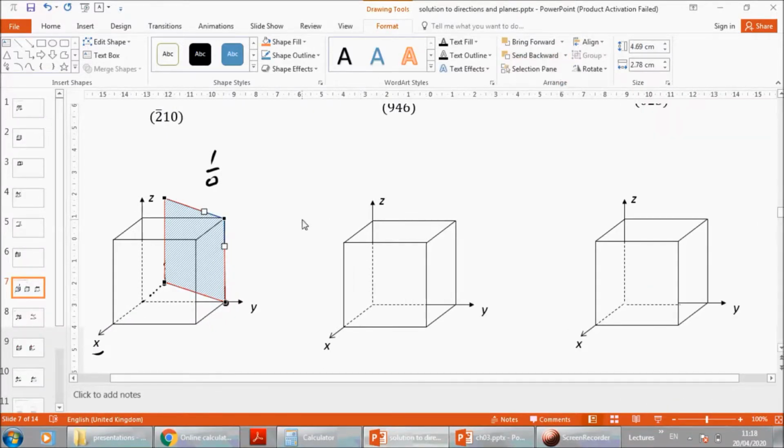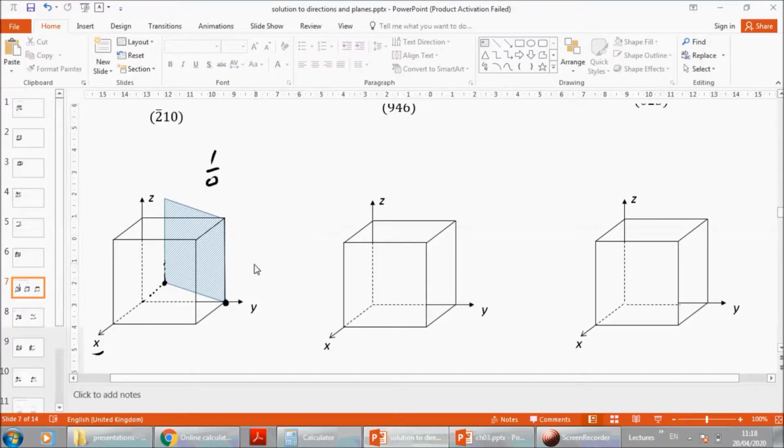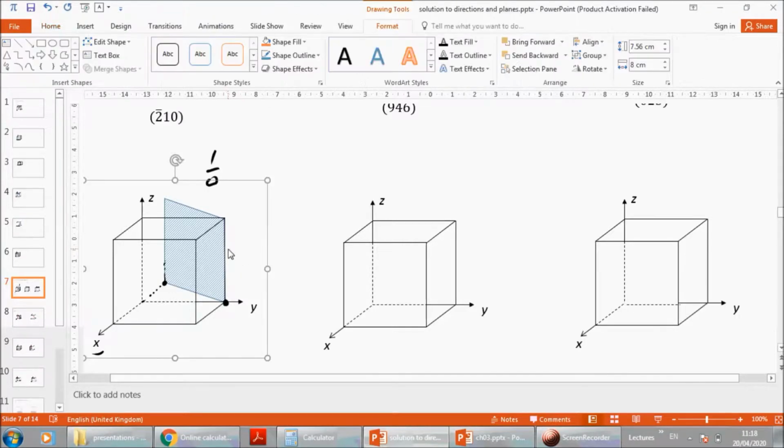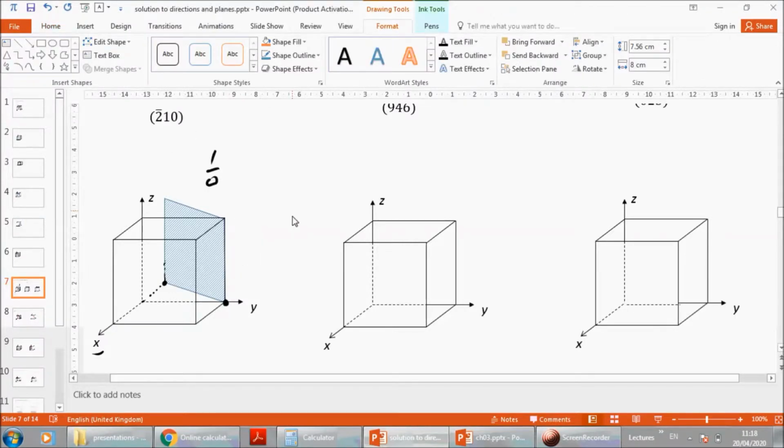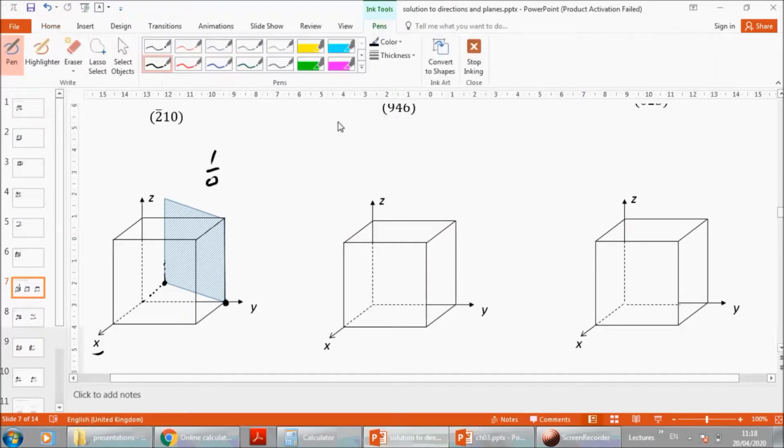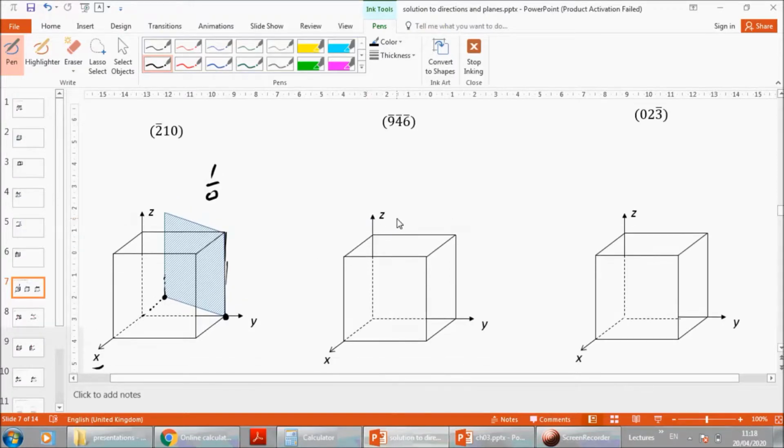So this plane is totally outside of the cube. It shares this line over here. Now let's move on to the second one.